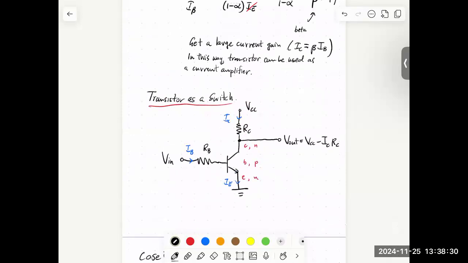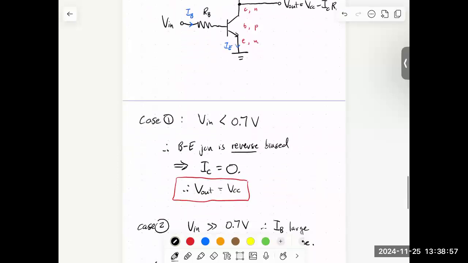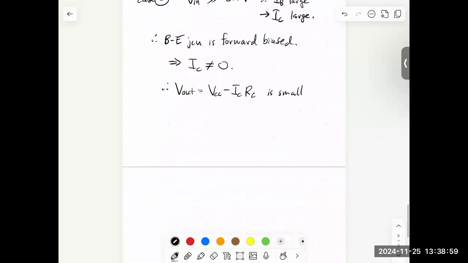So as we increase the collector current, the voltage at this node keeps getting smaller and smaller. This is the voltage at the collector. Now, the base we made a high voltage, and now the collector is becoming some low voltage, and eventually what will happen is we're going to make both of our junctions become forward biased.